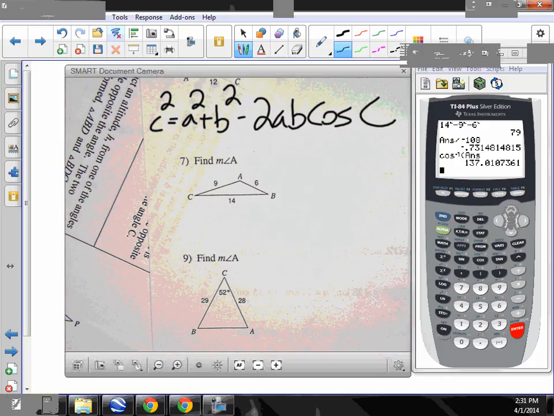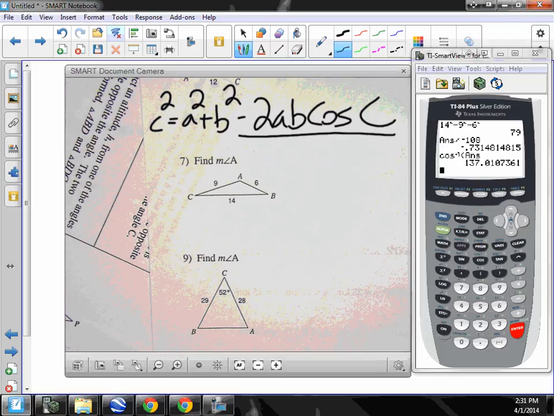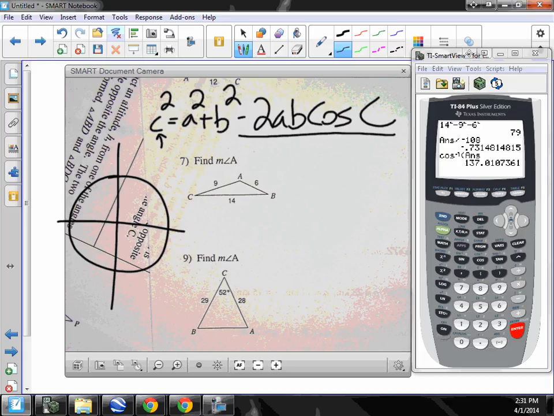So this is the difference. If we look at the unit circle, in a Pythagorean theorem, how big is angle C? In a right triangle, what's the angle C?